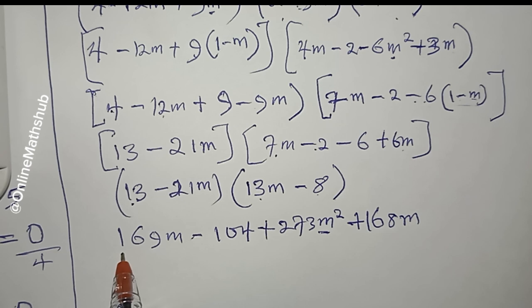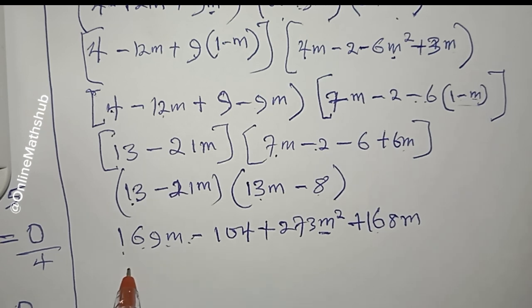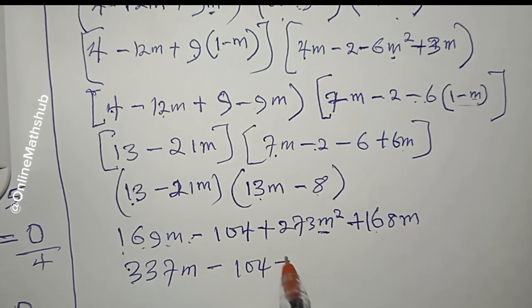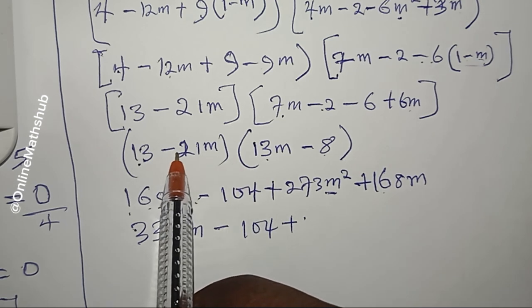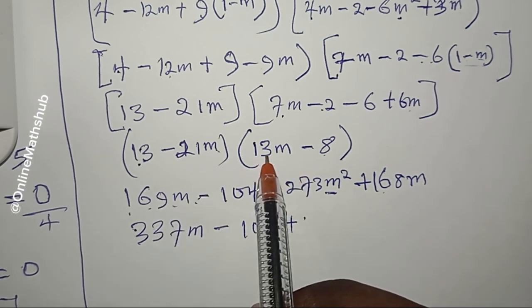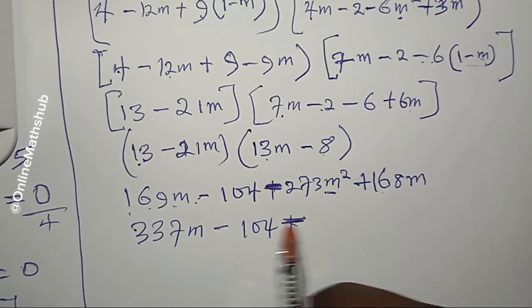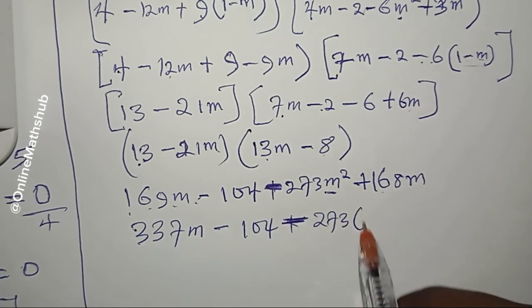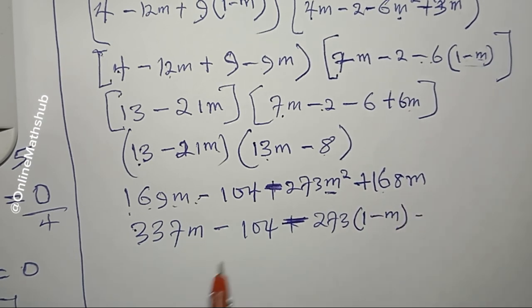Okay, so I will also need to make this substitution. Before then, I can actually add this 169m plus 168m. So what I'm going to be having is 337m, okay, minus 104 plus, oops, this is actually going to be minus, because of course minus 21m multiplied by positive 13m, so this is minus. So what we're going to be having is minus 273 into 1 minus m. Okay, that's what we have right there.